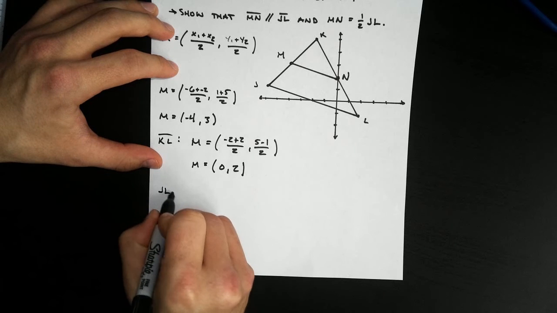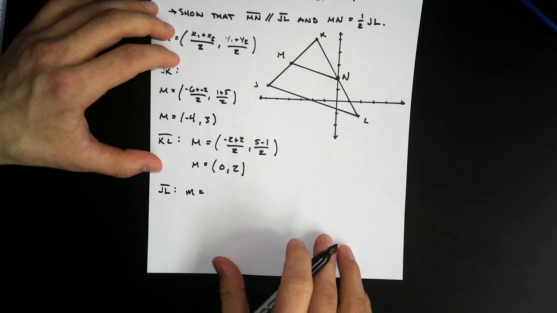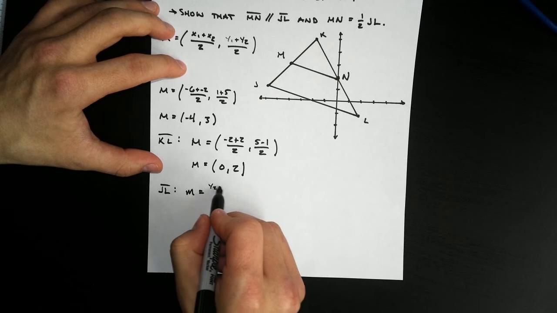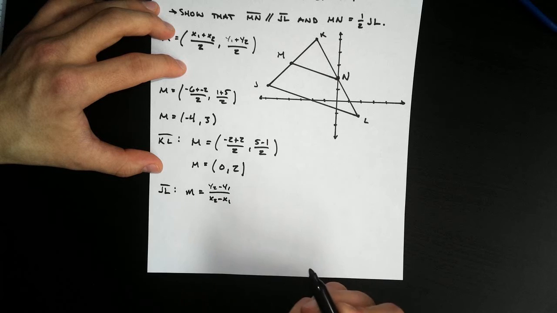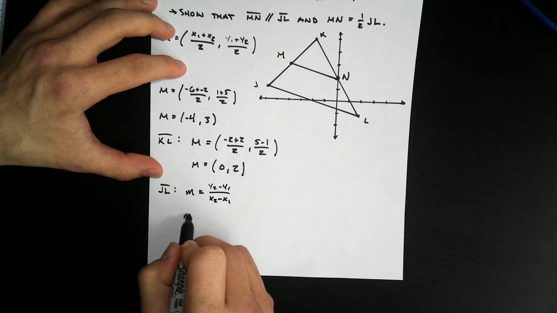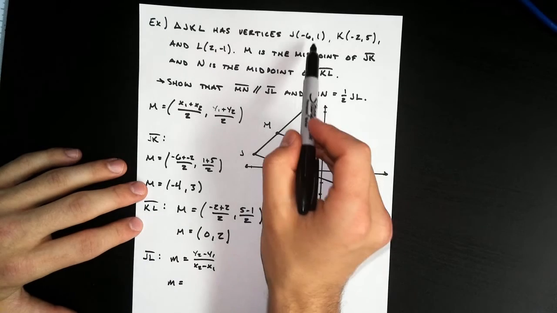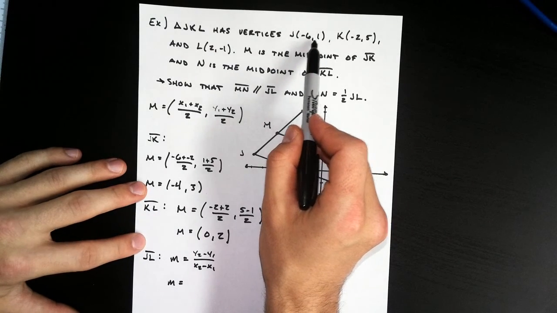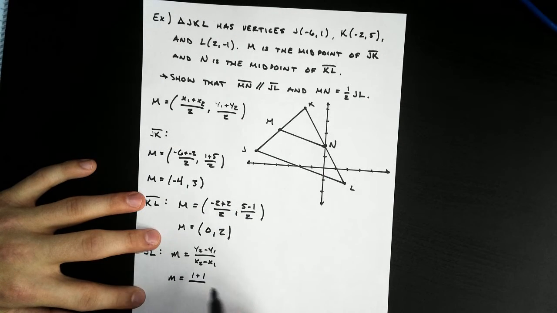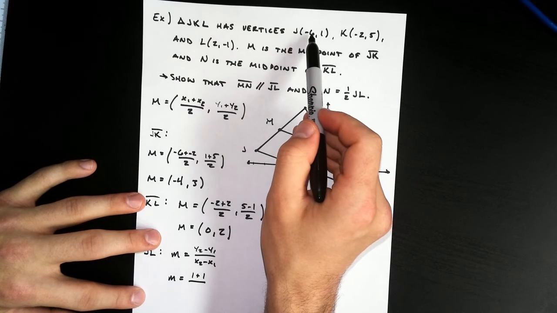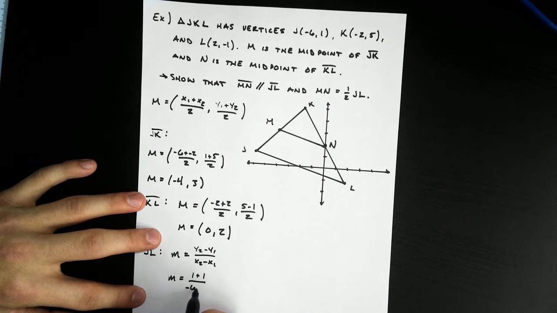So for JL, the slope formula again, you subtract the y values up top, and you subtract your x values down below. So for JL, the two y values, we have 1 minus -1, and our two x values, -6 minus 2.